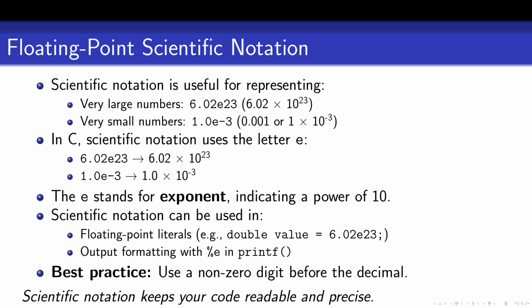Similarly, a small number like 0.001 can be written as 1.0e-3. This makes it easier to write and read extremely large or small values without typing out a long string of zeros. Good practice is to always start the number with a non-zero digit, like 1.0e-3 instead of 0.1e-2, to avoid confusion. Scientific notation is a powerful tool for working with real-world data that spans a wide numerical range.